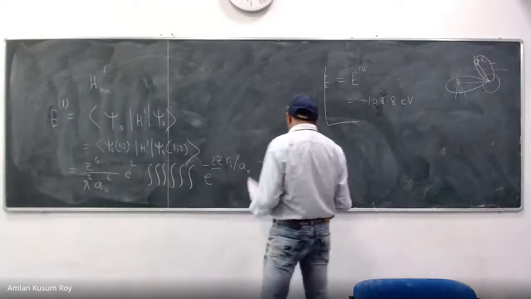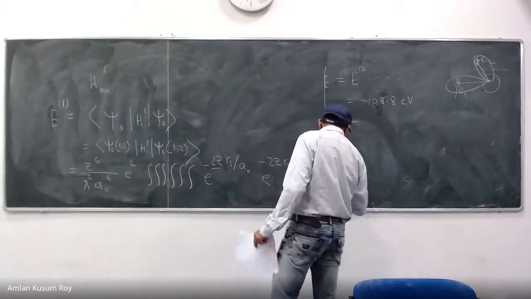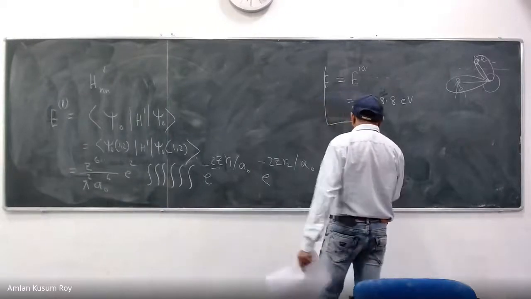And then you have the perturbation portion, e square over r12, and then the volume element.